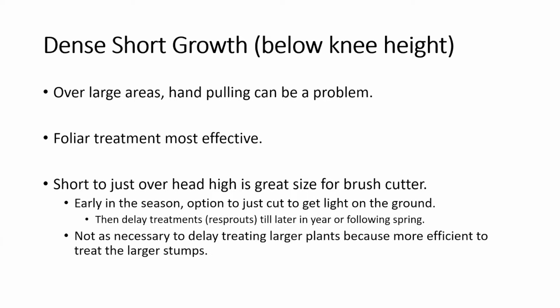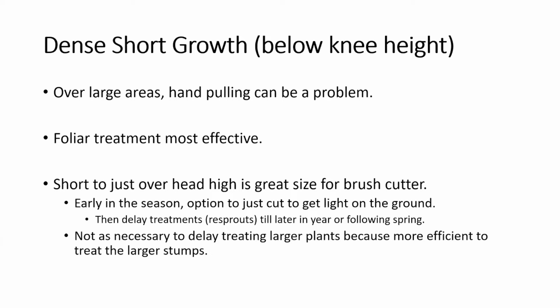It's really not feasible to be doing that type of labor over that size of an area just because of the physical aspect of it. Foliar treatments are probably most effective just from an operational scenario, a work efficiency scenario.